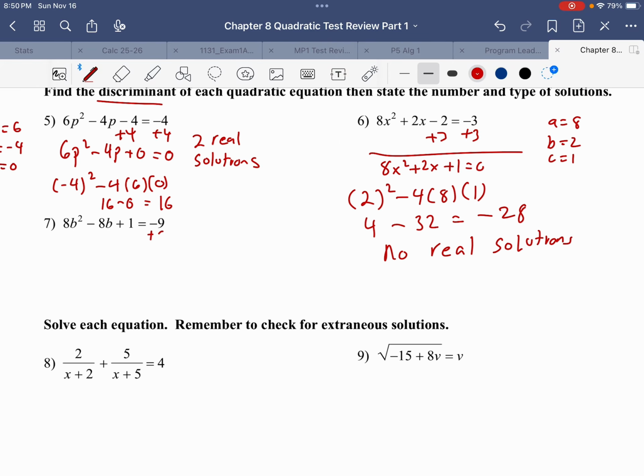And this last one here, add 9 on both sides.